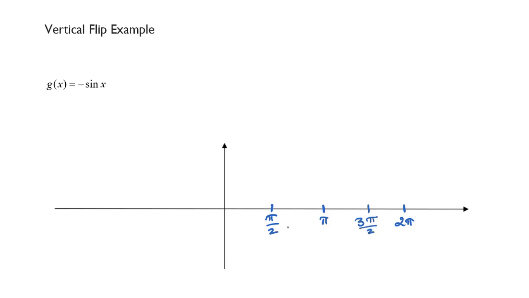And what I would recommend is if you are in a class with an instructor you're not familiar with, you should always ask how many points they want graphed if they're not giving you a calculator. The maximum is at 1, the minimum is at -1, and I have equilibrium intersections with the x-axis at 0, pi, and 2 pi. If I sketch this graph, it will be something like this.